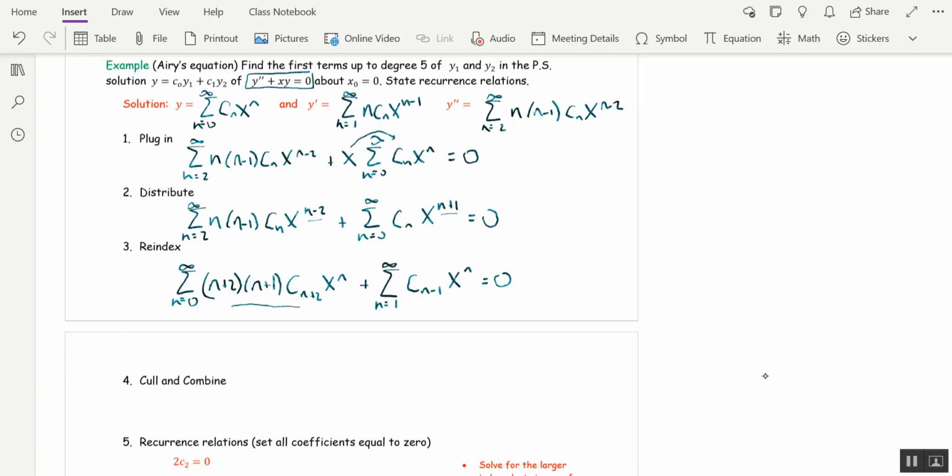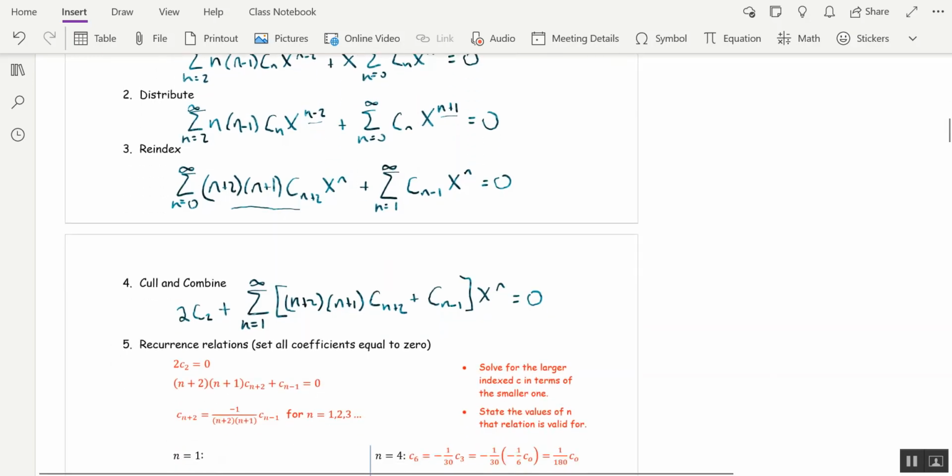So if I take out the 0 term, I get 2 C2, and now they both start at 1, so I'm just going to combine them: n equals 1 to infinity, big bracket, n plus 2 times n plus 1, Cn plus 2, you can see why we did all this practice in the previous lectures, plus Cn minus 1, close bracket, x to the n equals 0. Okay, now the fun part starts.